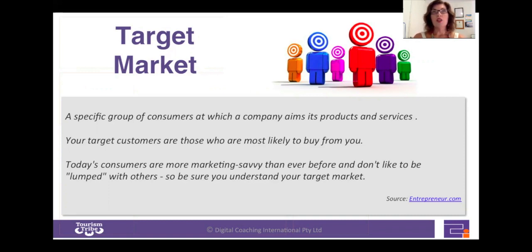We certainly do not want to see businesses marketing themselves as being great for everyone. That just doesn't cut through anymore.